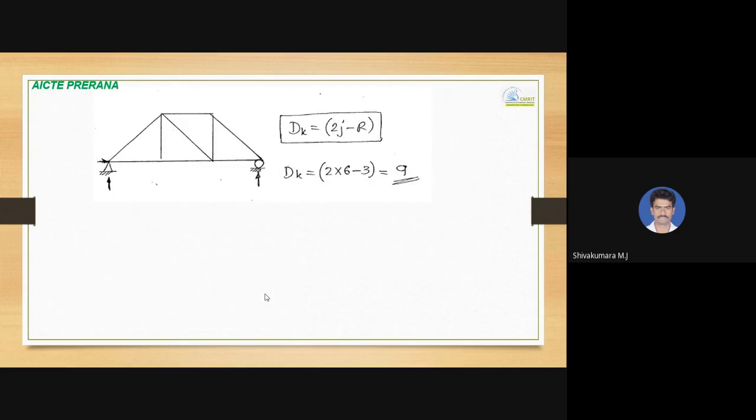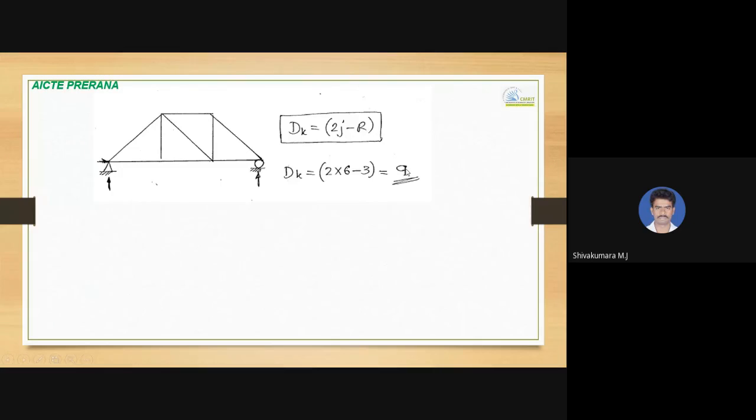When it comes to plane trusses, the formula is 2j minus r. Have a look at this truss. The number of joints is 1, 2, 3, 4, 5, 6, so 6 joints. The reactions: a hinged support gives 2 and a roller support gives 1, so 3 reactions. 2j minus r is 2 into 6 minus 3, so the answer is 9.